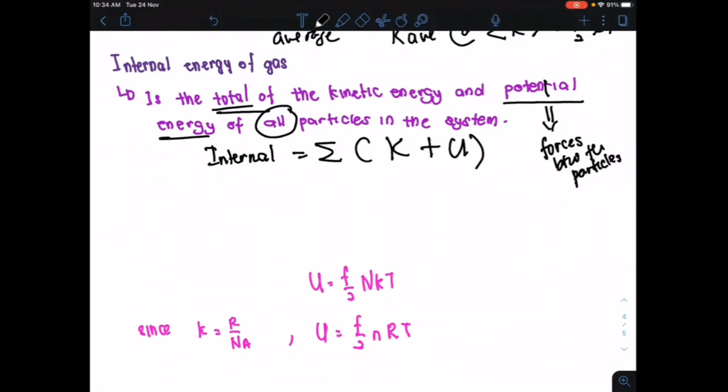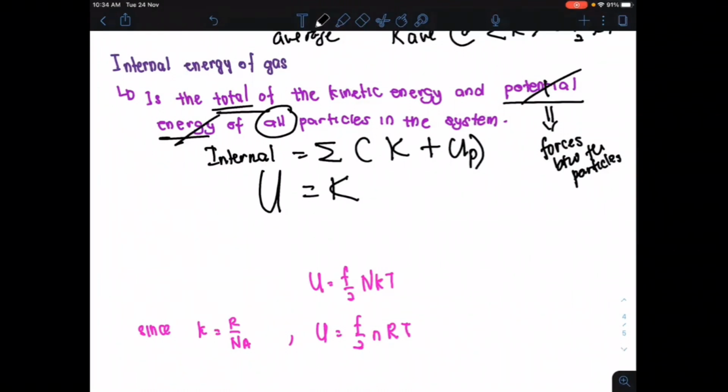Intermolecular force is negligible. Maksudnya kita neglect the intermolecular forces. So when you have neglected the intermolecular forces ini, kita tak ada potential energy. Alright, therefore the internal energy is simply the summation of the kinetic energy. Internal energy dekat sini, kita guna simbol U juga.